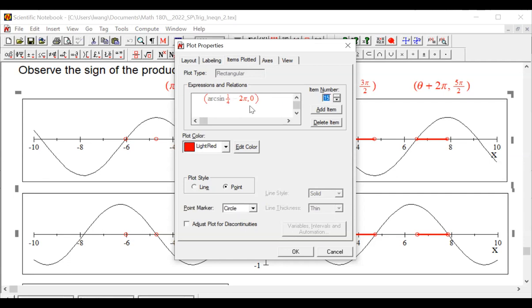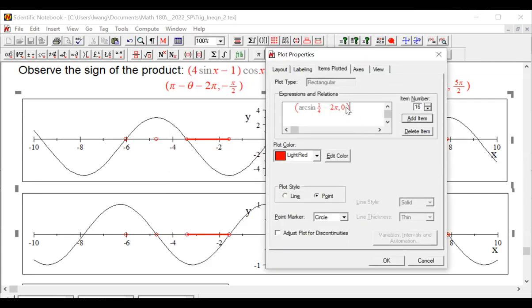Okay, so theta, and then the other end is negative 3 pi over 2, right?